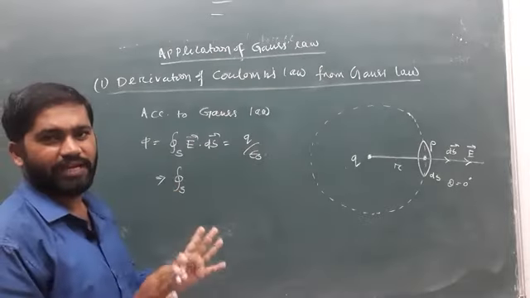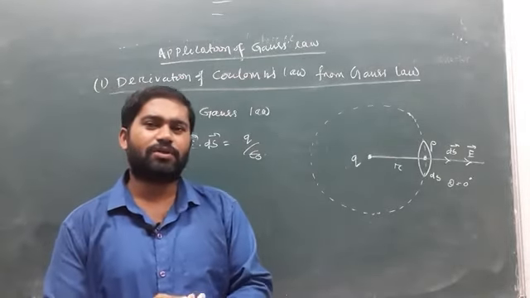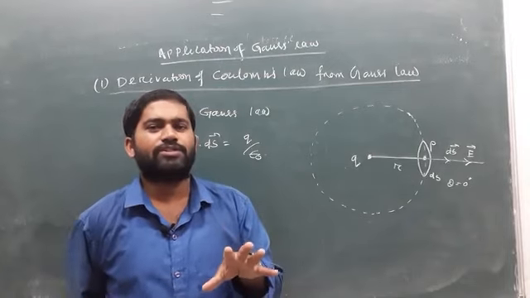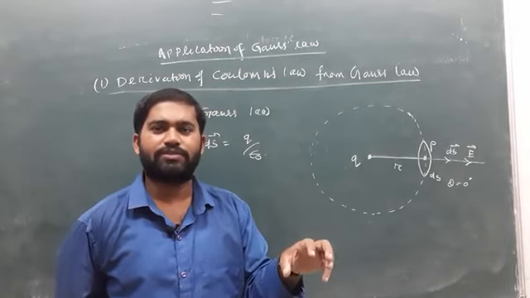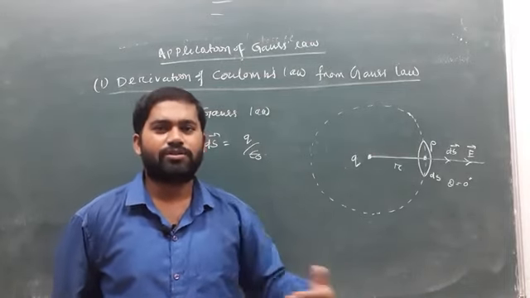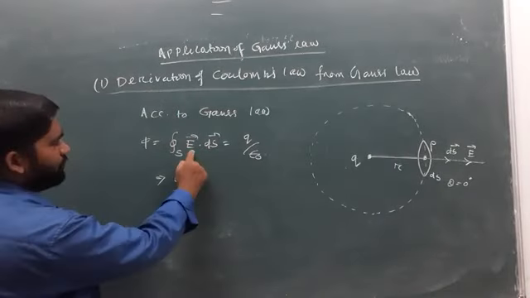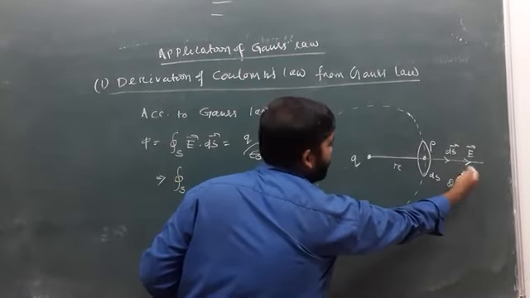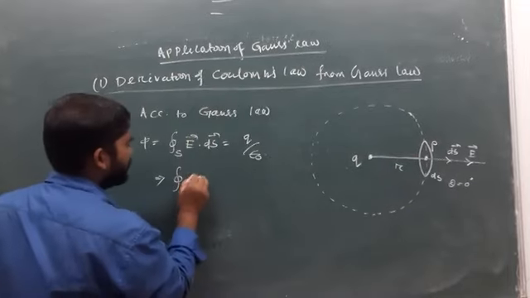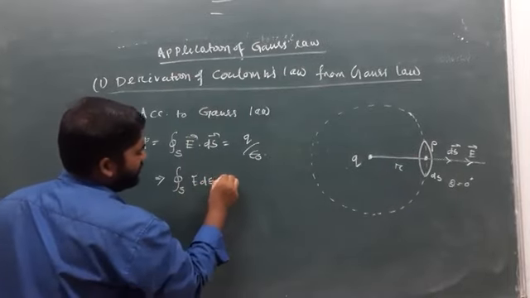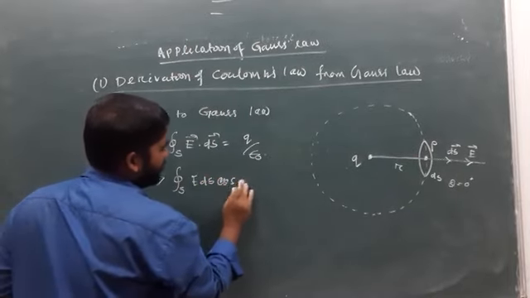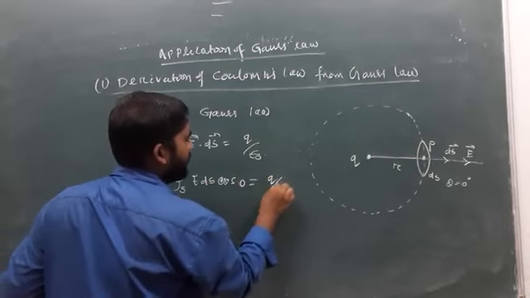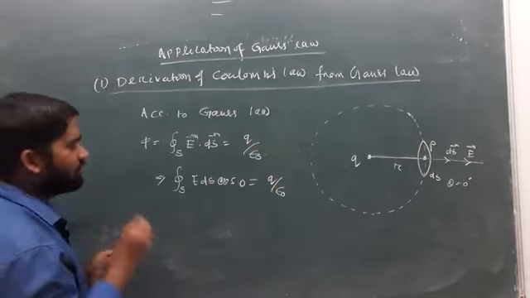So what is the aim of Gauss law? Gauss law is always used to measure the electric field intensity associated with the surface. The electric field and the surface vector are along the same direction, so theta equals 0. So E ds cos 0 equals q by epsilon 0, and cos 0 equals 1.